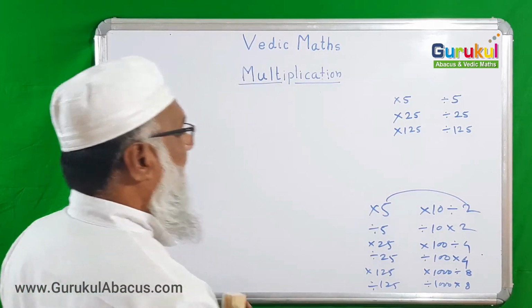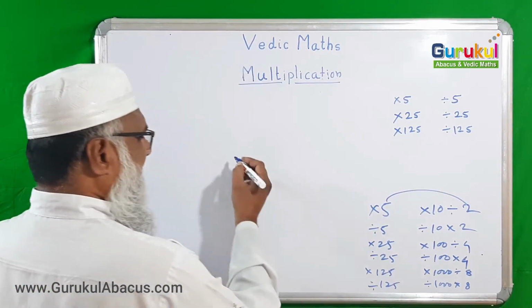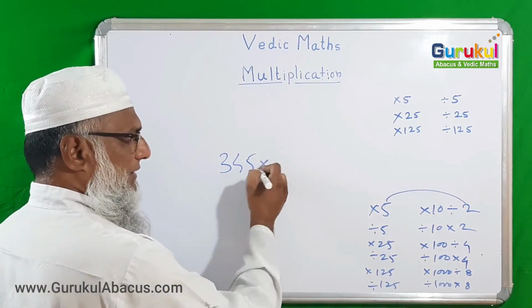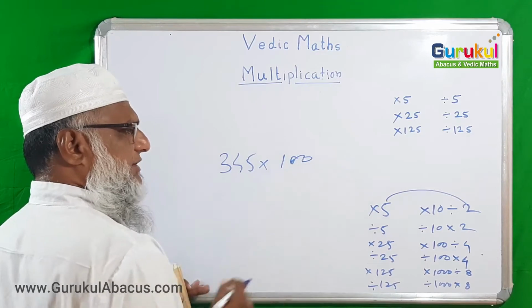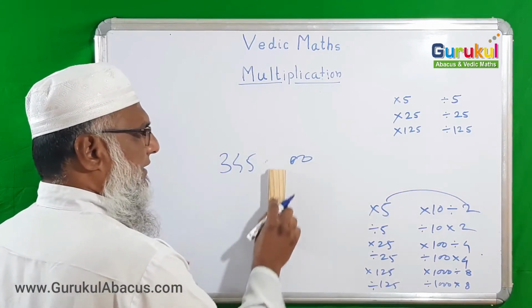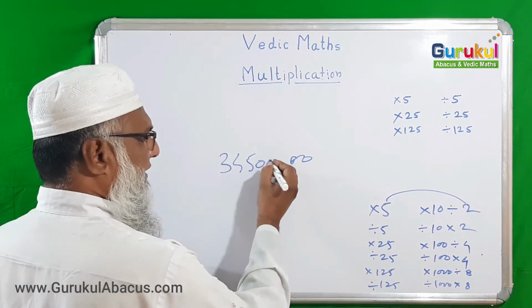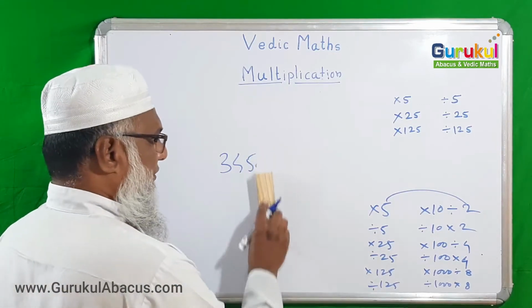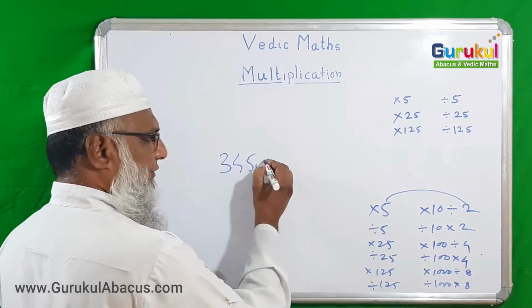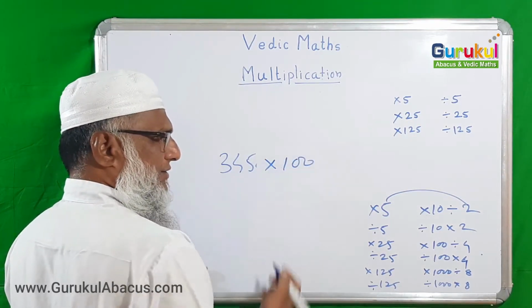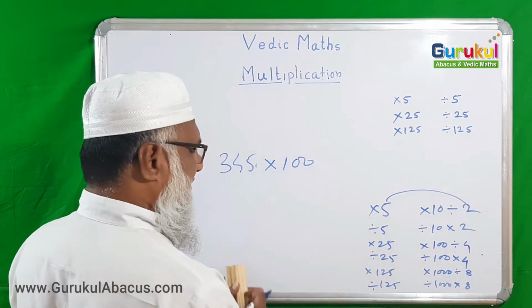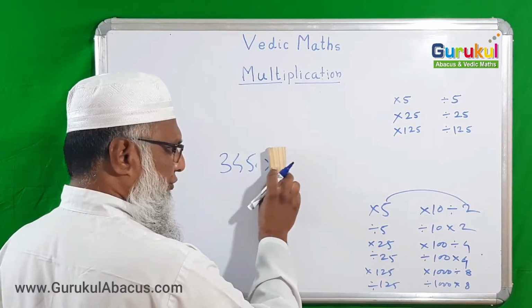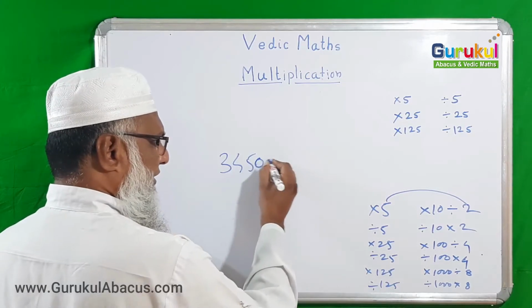Now see, suppose here is 345, multiplying by 100. It means simply add the two zeros of 100 to it, that's it. What is the rule? Suppose you are multiplying 345 by 100. 100 has two zeros, so just add those two zeros to your number, and your answer is ready.